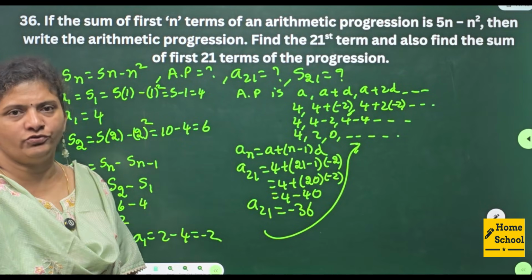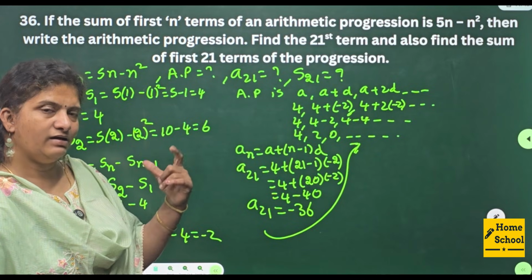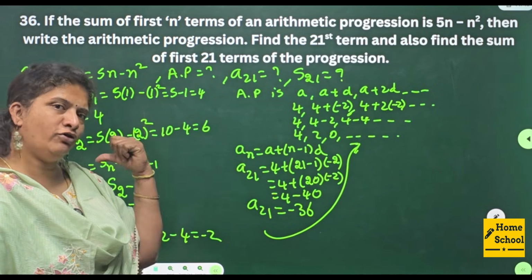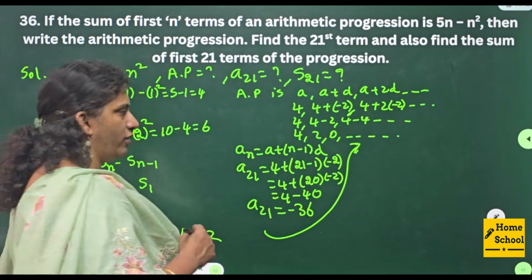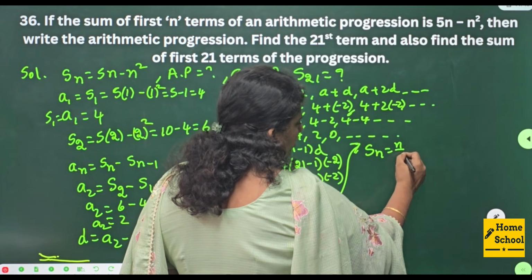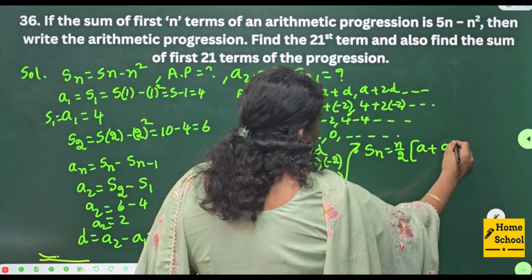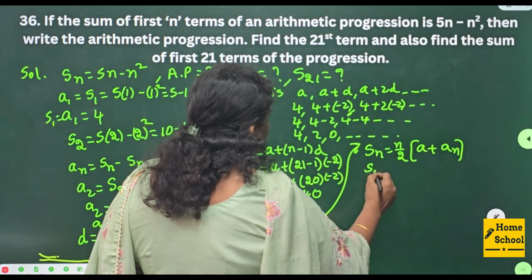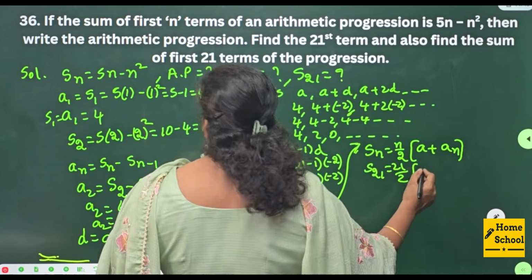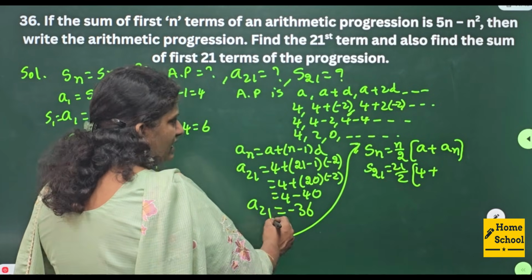Now we need the sum of 21 terms. Sum of 21 terms means first term is A, last term will be A21. Already we got A21, right? If you know the first term and last term, there is a formula. What is that? Sn is equal to n by 2 into A plus An, that is S21 is equal to 21 by 2 into A value is 4 plus An means last term.